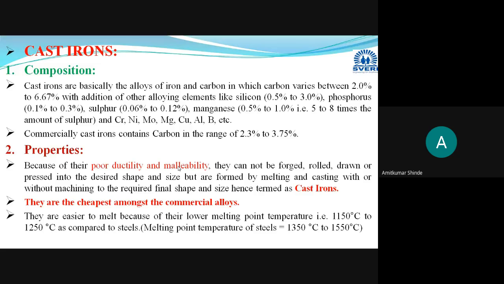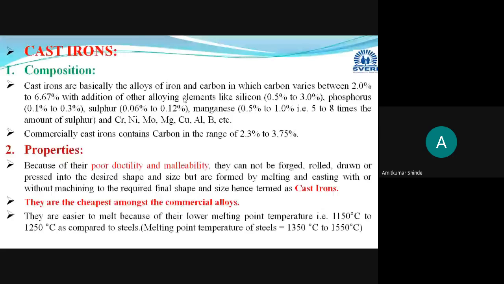Now, basically, cast irons are alloys of iron and carbon, as we discussed earlier that steels are also alloys of iron and carbon only. But what will be the difference here? The difference will be in the composition related to the carbon.